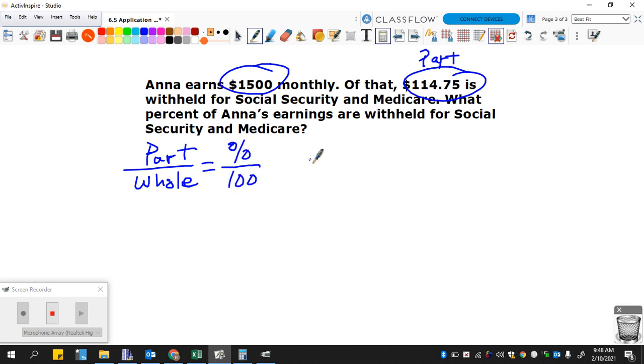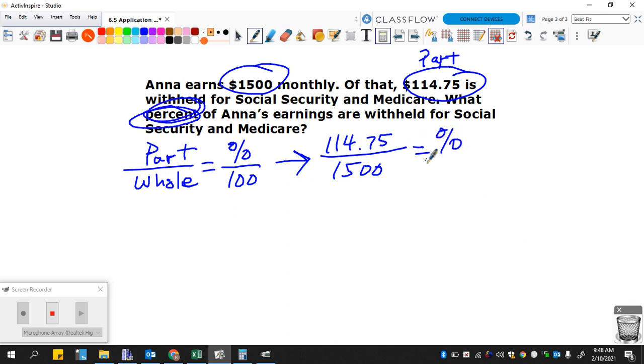So when we do that, the part is 114.75 over the original amount, which is $1,500, is equal to the percent over 100. I'm going to use this percent as our x.